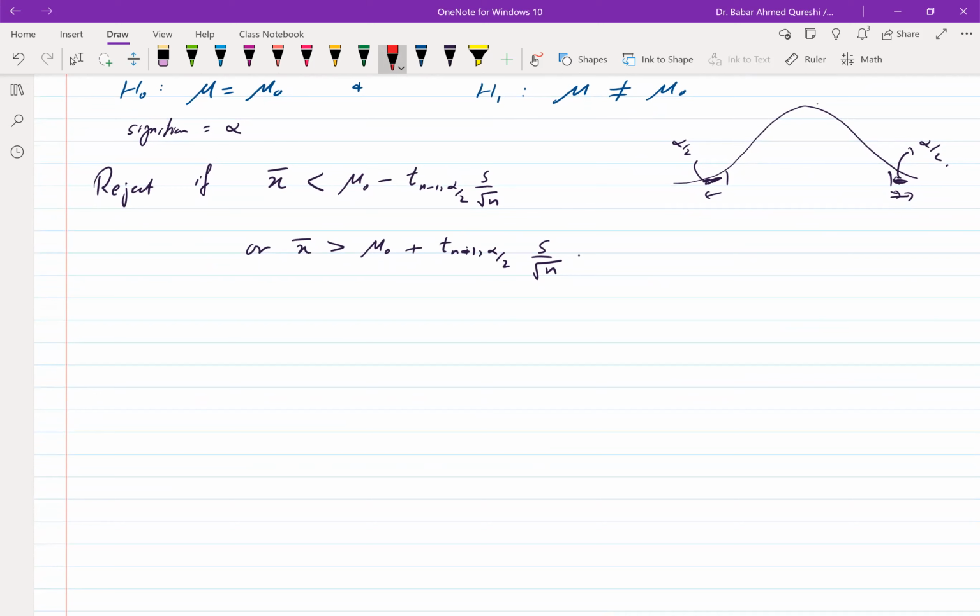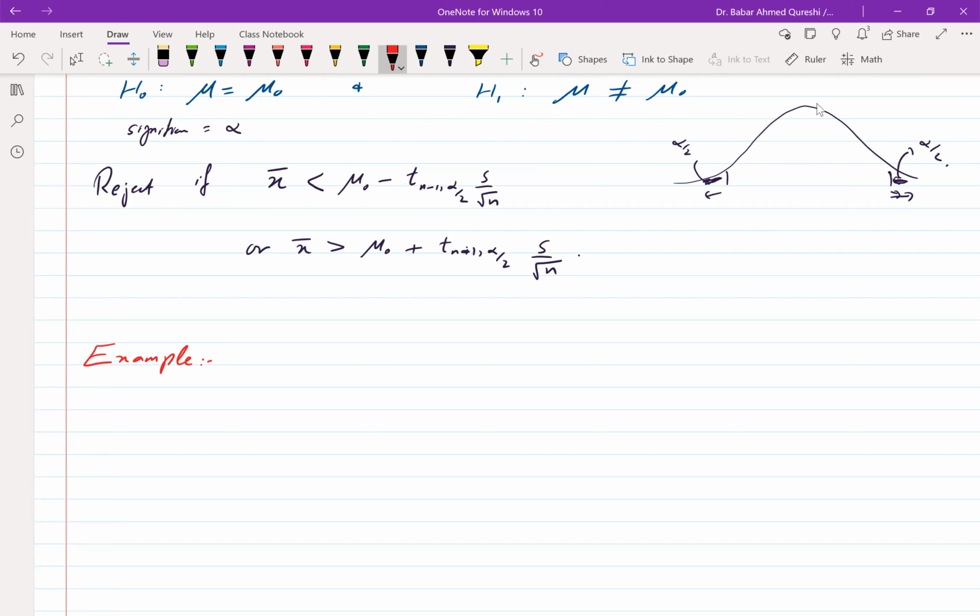Perhaps we can do an example. So suppose someone claims that the population average is 20.